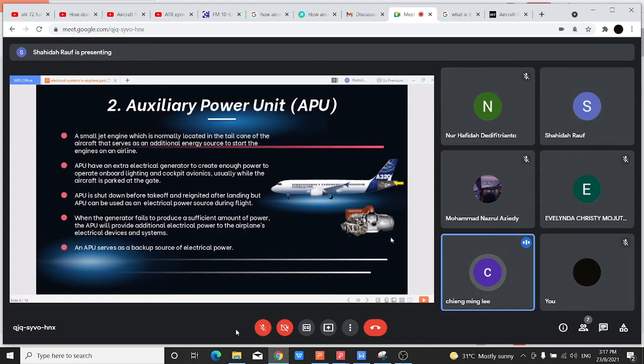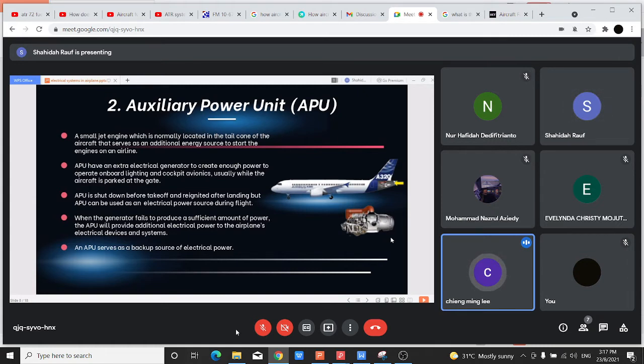That is the main thing. Once the APU is started, power is started, and then you introduce your DC and AC. After that, you do all your boarding, and when the aircraft is ready to push back, you start the engine. Installed on the engine there is also a generator.